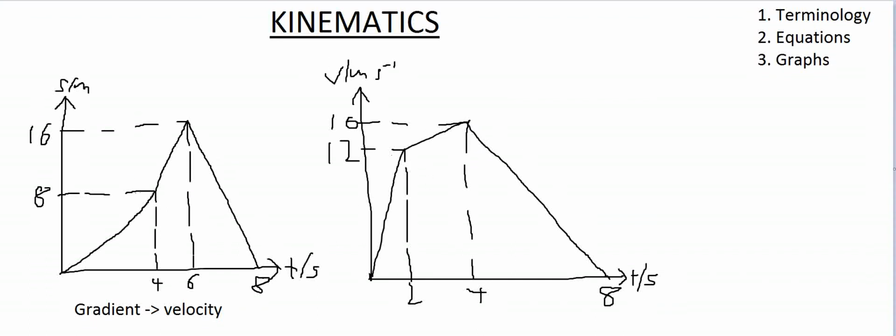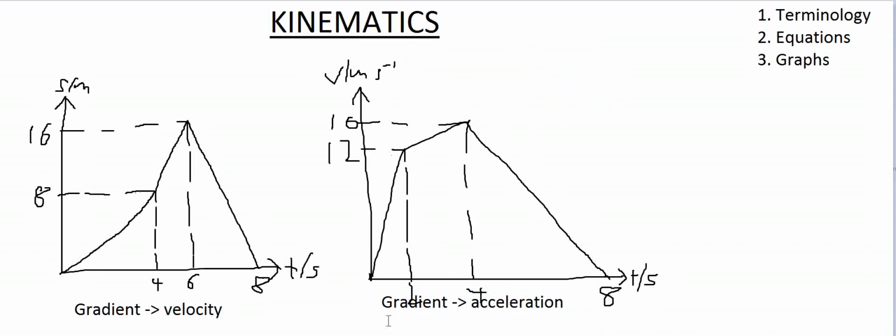For the velocity time graph, the gradient is the acceleration, as acceleration is the change in velocity over the change in time.